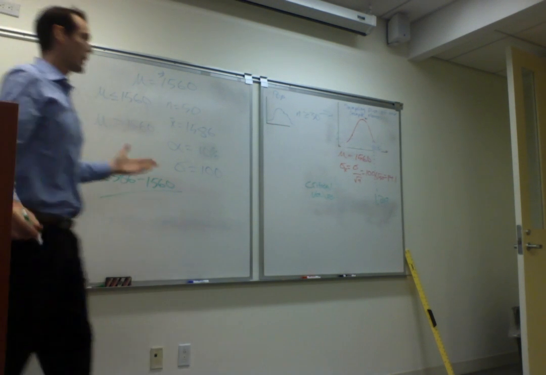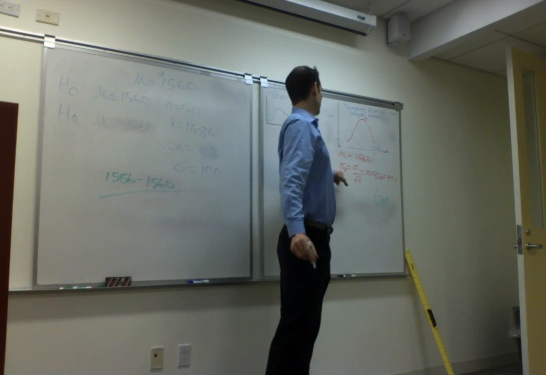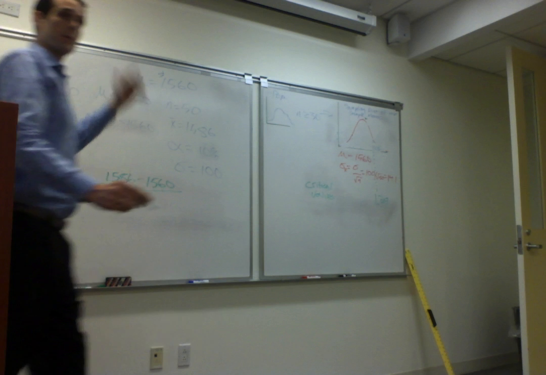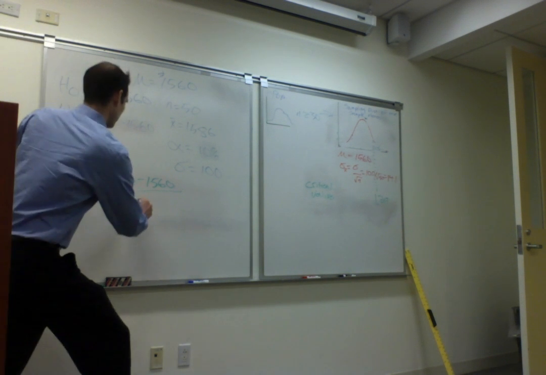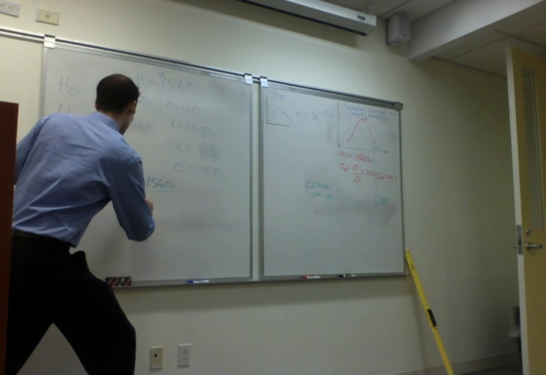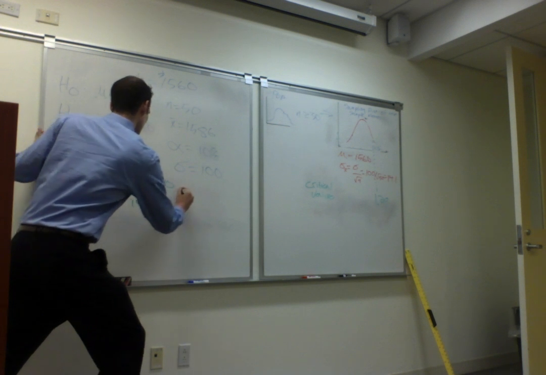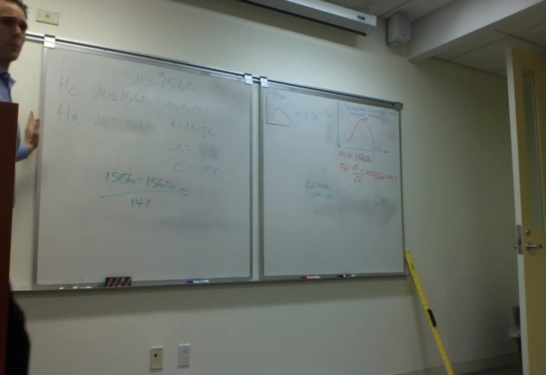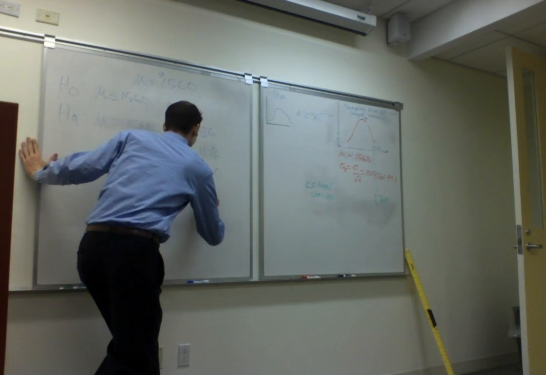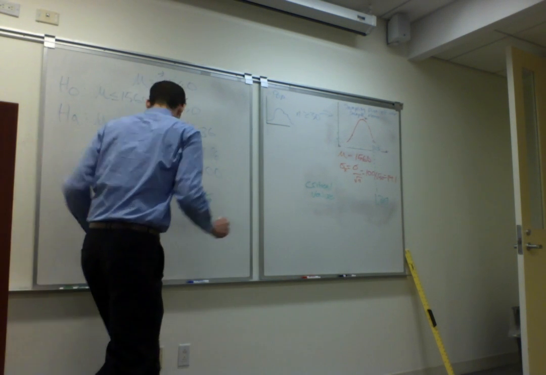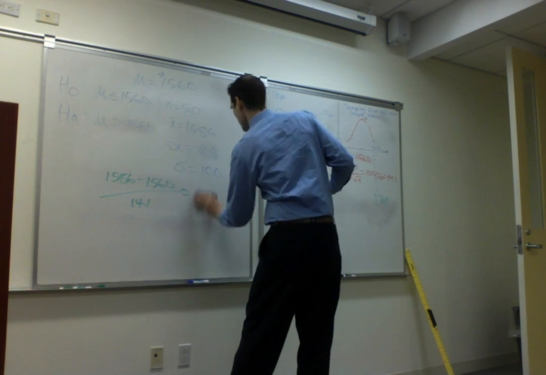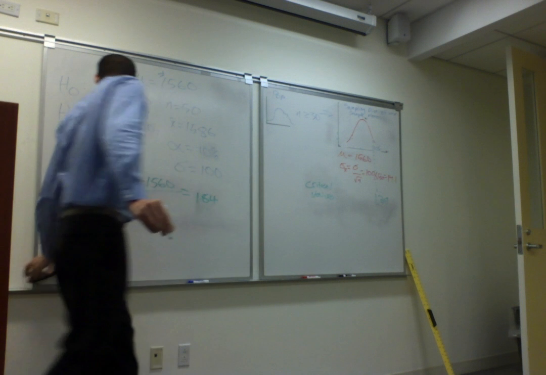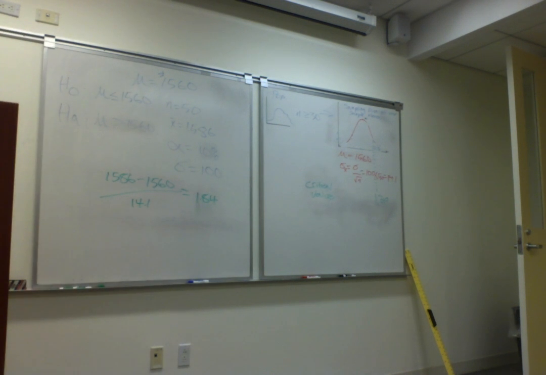The standard deviation doesn't change. It is the population standard deviation divided by the square root of n, which is the same as our example last time, 14.1. And it's going to give us the same thing, which is 1.84. Okay, we have all the information we need to make our decision.